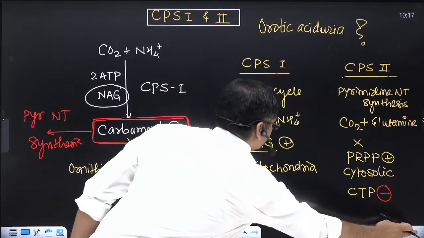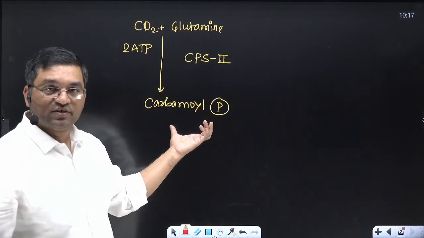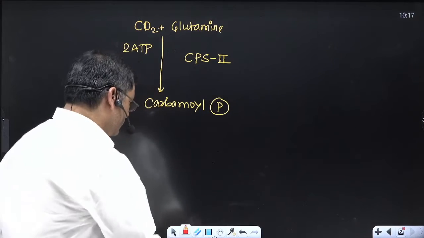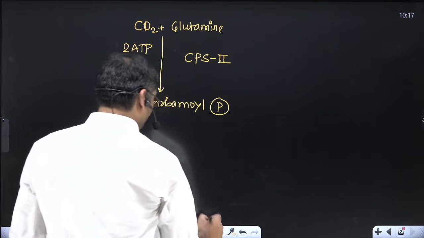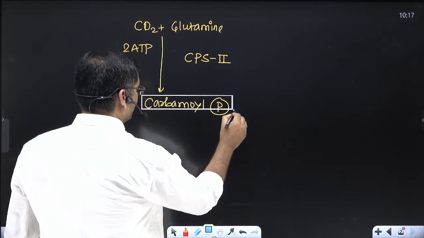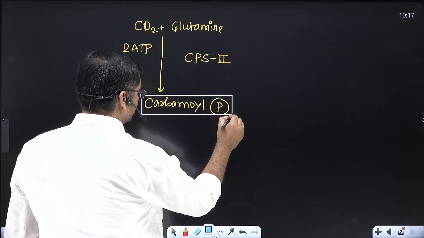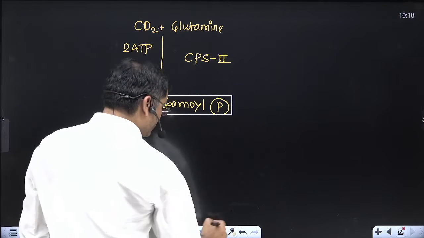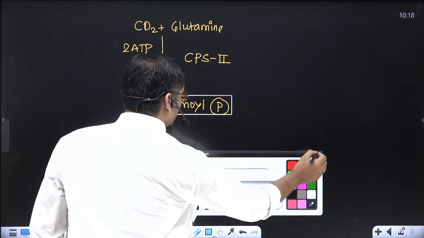Now see this reaction: carbamyl phosphate is an intermediate in the pyrimidine nucleotide synthesis.